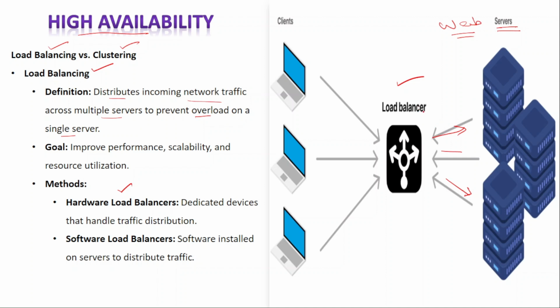Another purpose of the load balancer is, again, that it achieves high availability, such that if one of these servers fails, the client traffic is no longer sent to this server, and it is distributed among the remaining available servers.